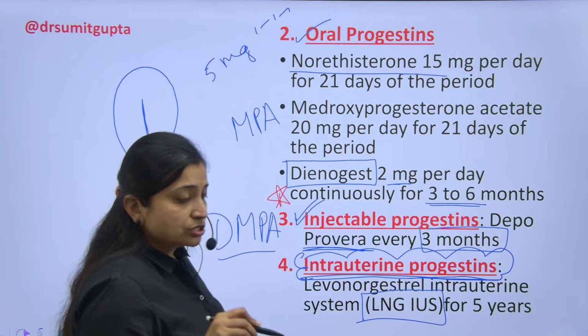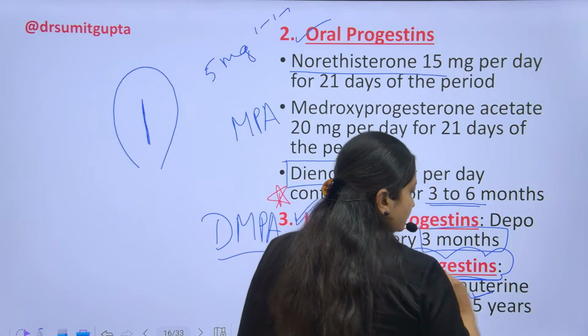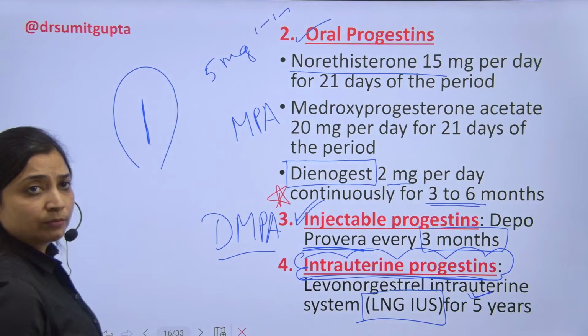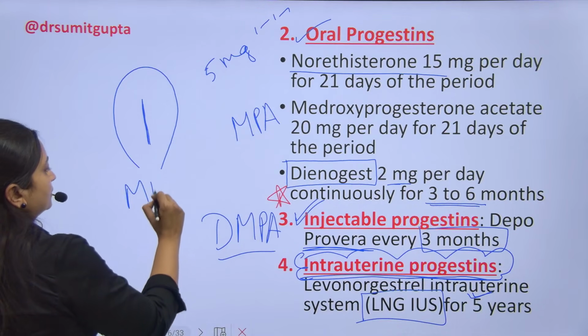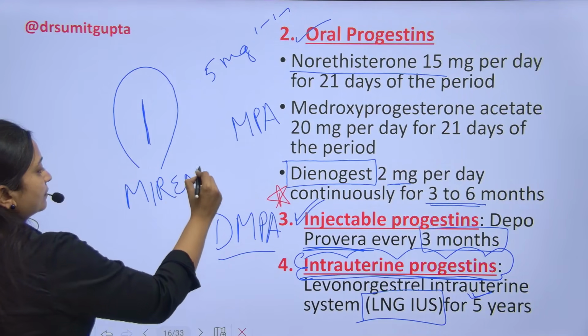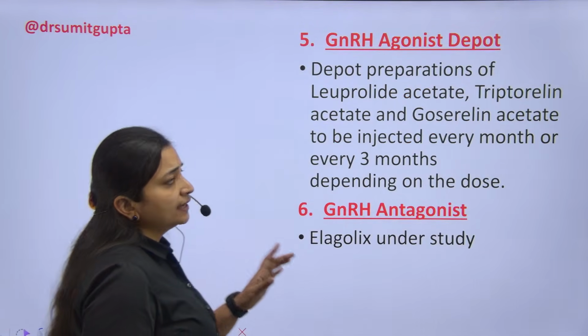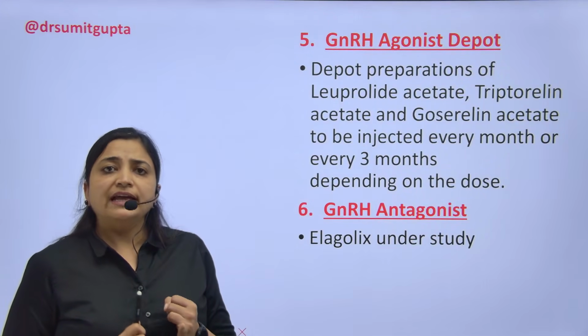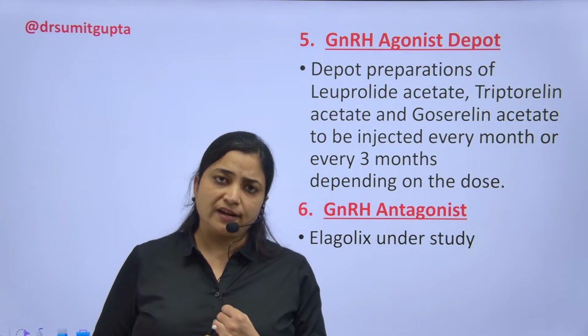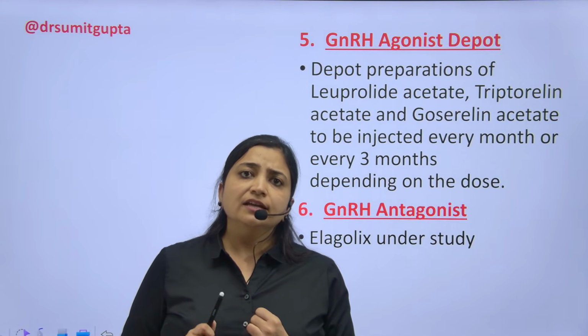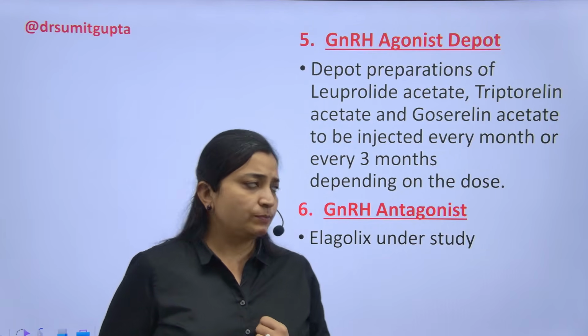And if it suits, it lasts for 5 years. The most commonly used trade name is Mirena. Then I talked about NSAIDs, I talked about Tranexamic Acid, and then estrogen plus progesterone, only progesterone.